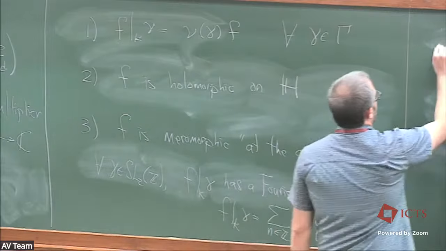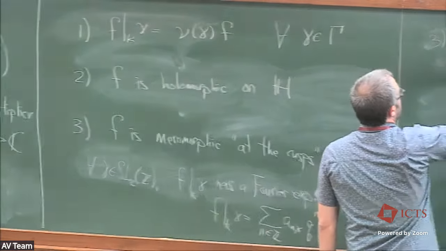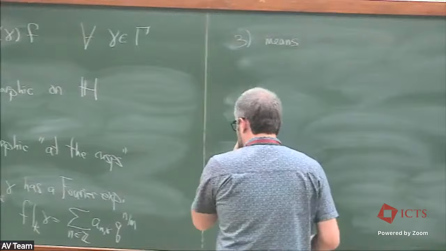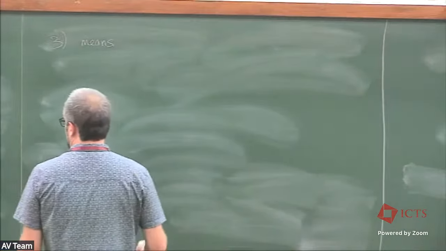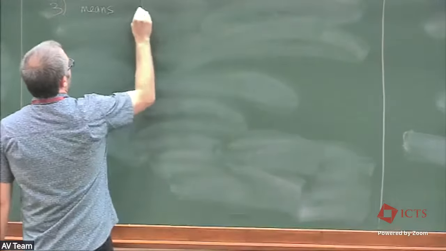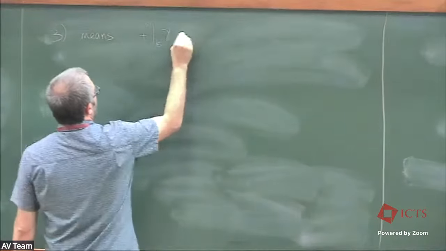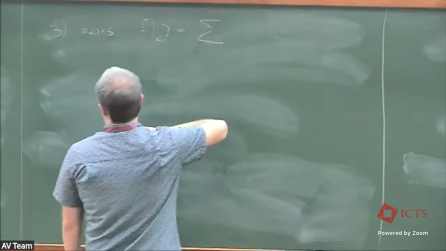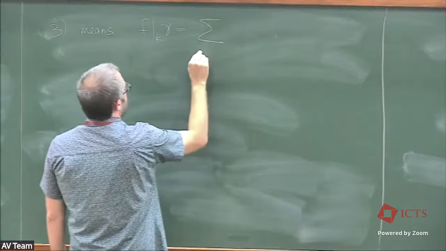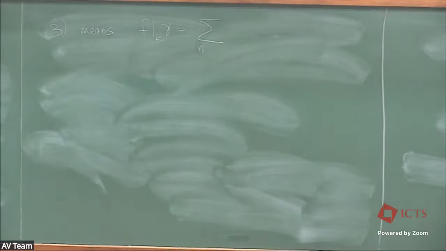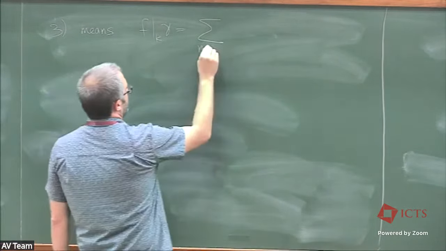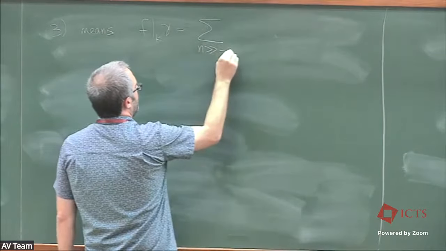Meromorphic at the cusps means that f slash k gamma, well, this n is not allowed to go all the way to negative infinity. It's going to have to start at some point.